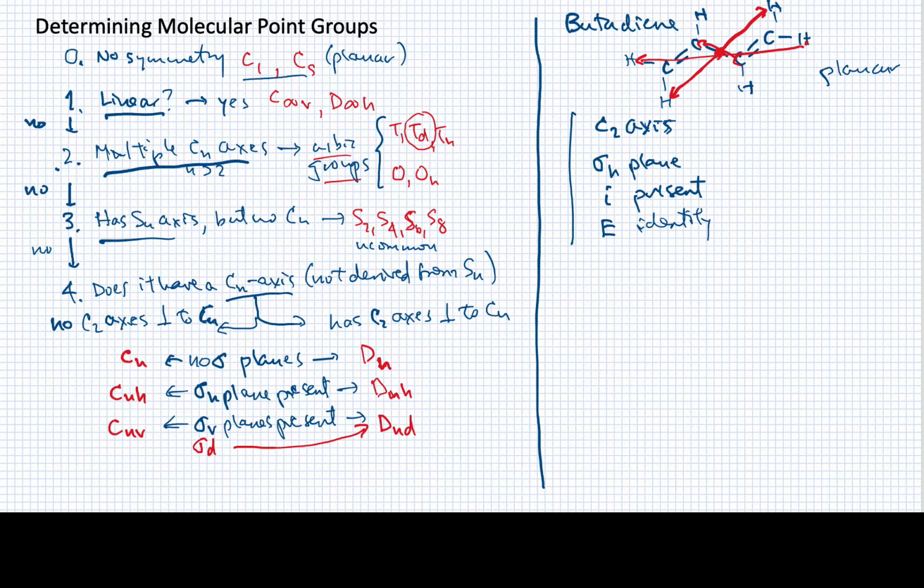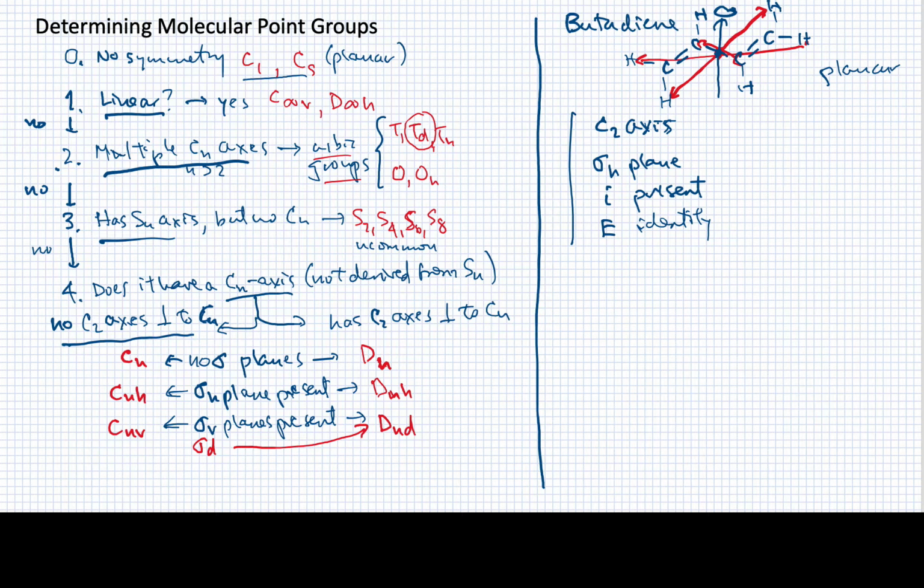Okay, so if you imagine, for example, trying to rotate about this, I will not get the same molecule back. I'll get sort of its reflection back if I rotate around this. So that is not a C2 axis that's perpendicular to the one that is the principal axis. So it has no C2 axes perpendicular to Cn.